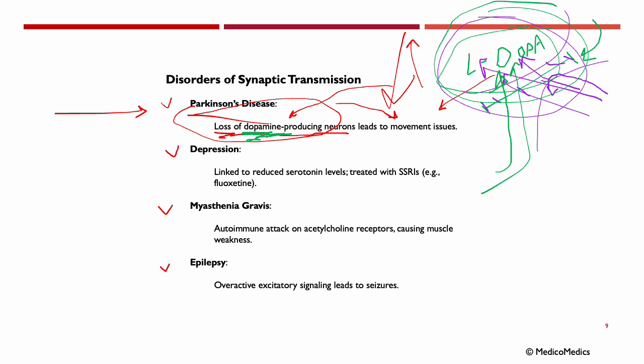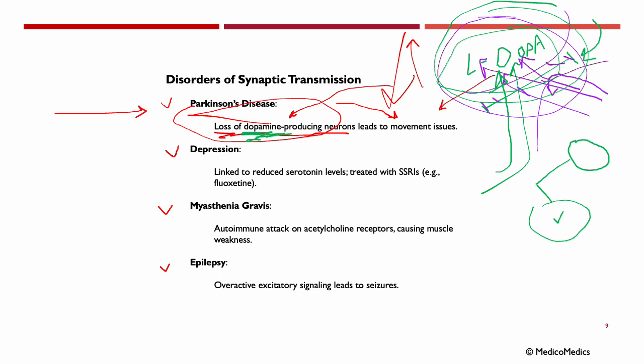And so the result will be an increase of our dopamine levels in the nigrostriatal pathway, which then improves our motor symptoms. Because you remember in the previous slide, we had the mesolimbic pathway and the nigrostriatal pathway related to dopamine. The mesolimbic was more related to the reward system and the nigrostriatal with movement.